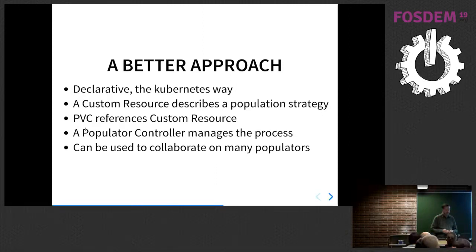Then what you have is a PVC that wants to be populated. The creator of that PVC is going to reference one of the custom resource objects in a field called the data source. And all it is, is a local object reference, and that's it. Then the user posts that to the cluster. You then have a populator controller, which is sitting there just like all the other controllers watching for objects.